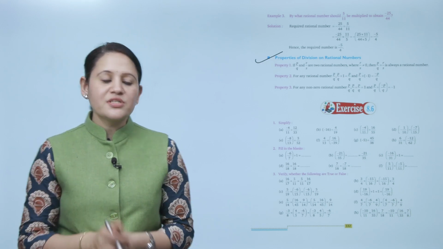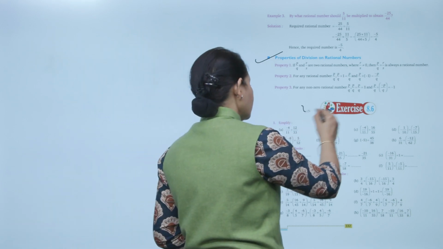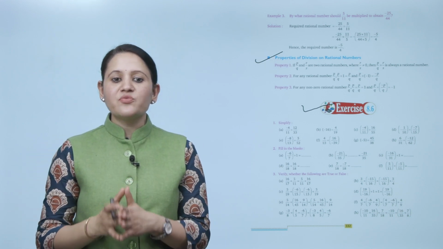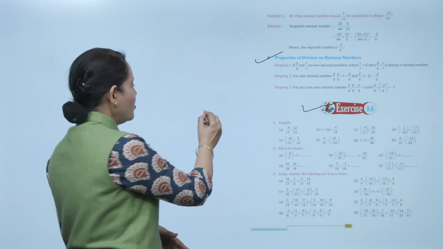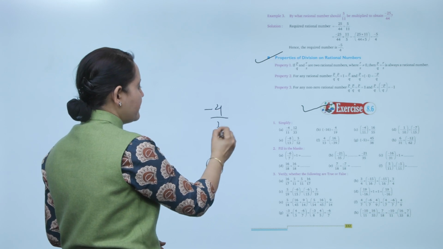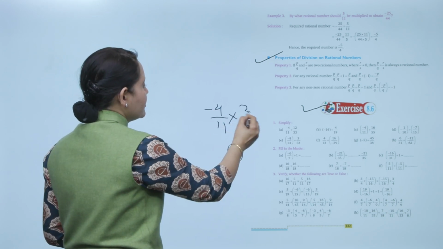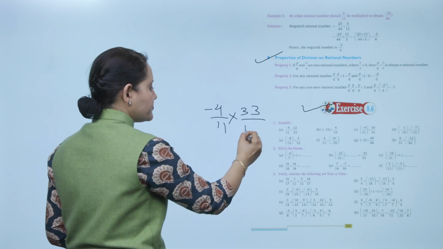Next is exercise 8.6. Simplify -4 upon 11 divided by 12 upon 33. So this will become -4 upon 11, the multiply sign, and the reciprocal will be 33 upon 12.